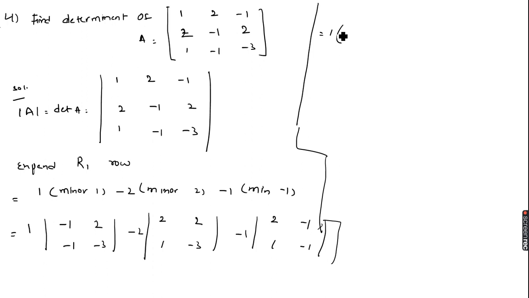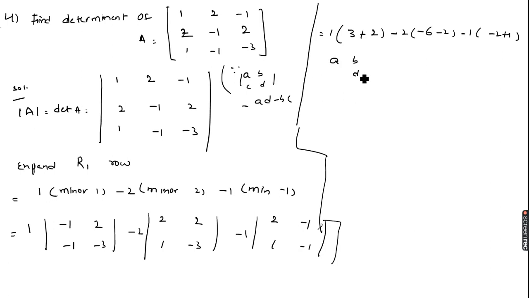equal to 1 into, so that is ABCD, the determinant of ABCD is nothing but AD minus BC. So we get minus 1 into minus 3, that is nothing but 3, plus 2, minus 2 into minus 6 minus 2, minus 1 into minus 2 plus 1. For that we apply the determinant of ABCD, that is nothing but AD minus BC.